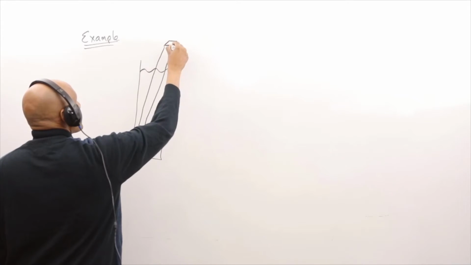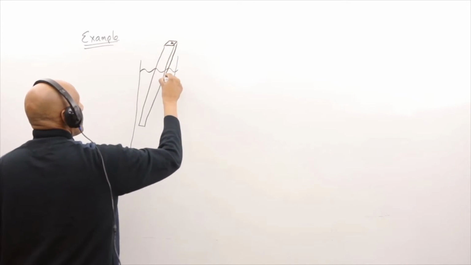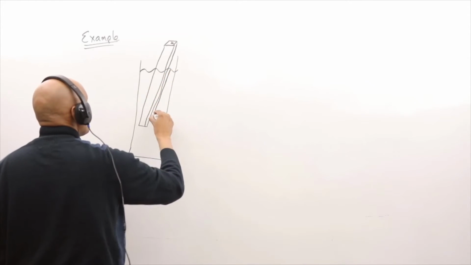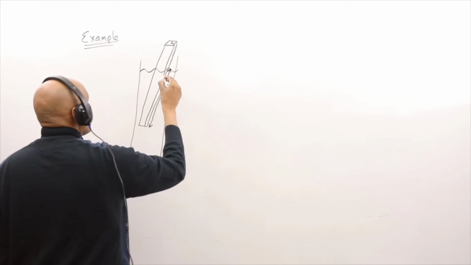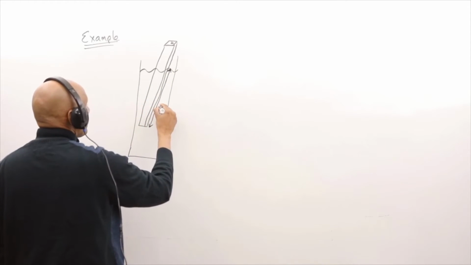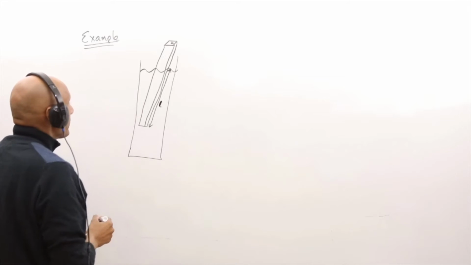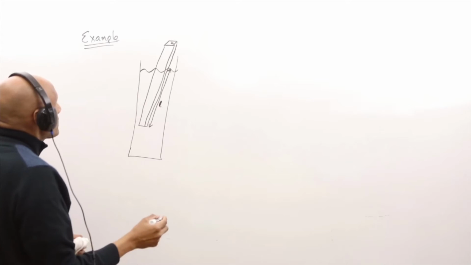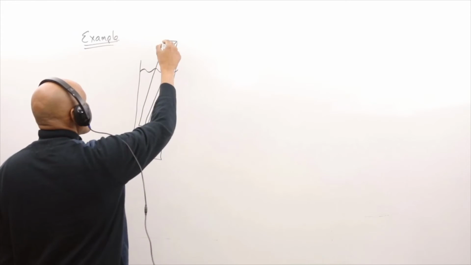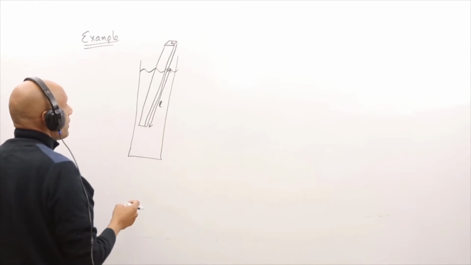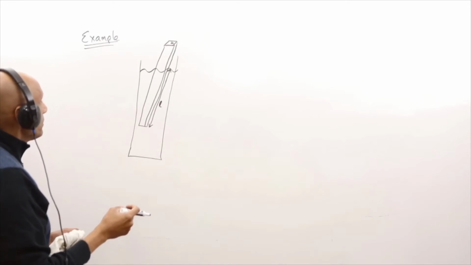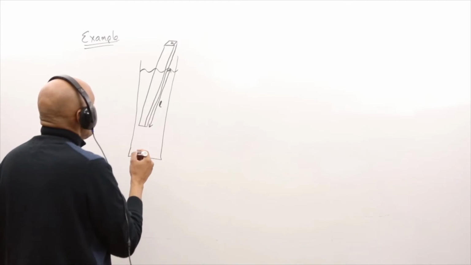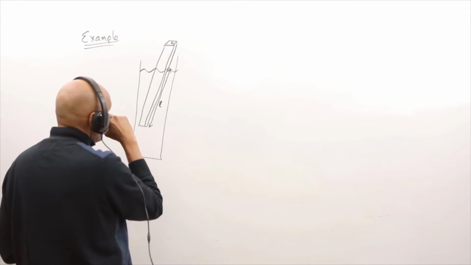It's got a cross-sectional area A, and let's assume that the stick has a length of lowercase l that's underwater. It might be a square, it might be a rectangle, or it might be a circle, but it's a piece of stick. It's got a uniform cross-sectional area. And we're asked to find the density.